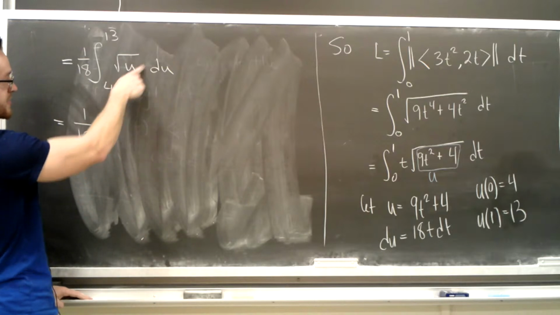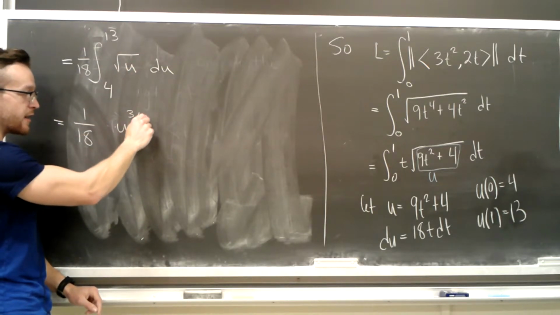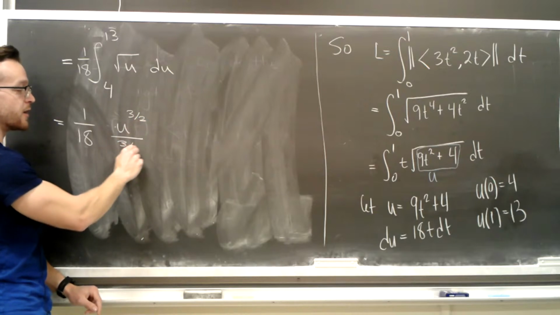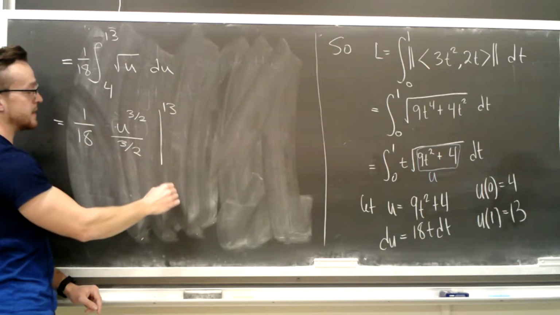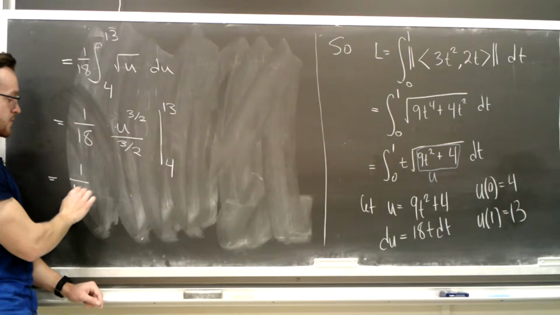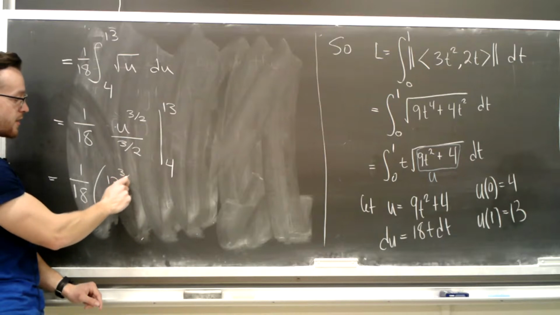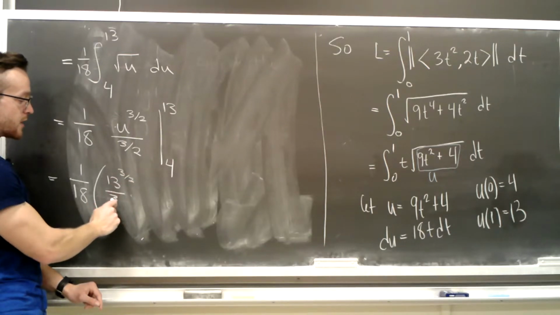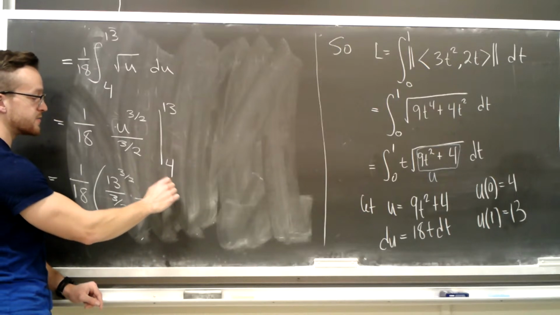So power rule says this is u to the 1/2, increase the power by 1 to 3/2, divide by 3/2, evaluate at the upper and lower bounds, and that'll do it. So we've got 13 to the 3/2 over 3/2 minus 4 to the 3/2.